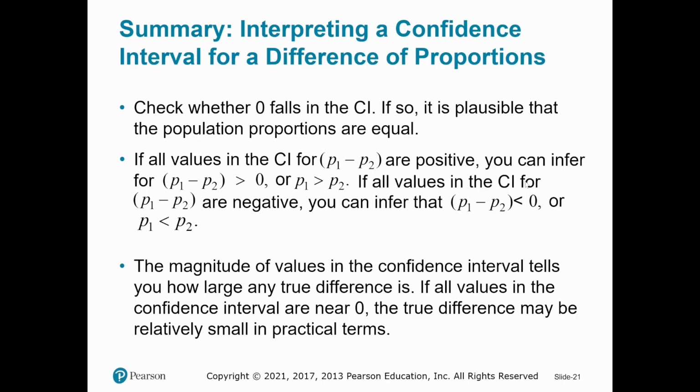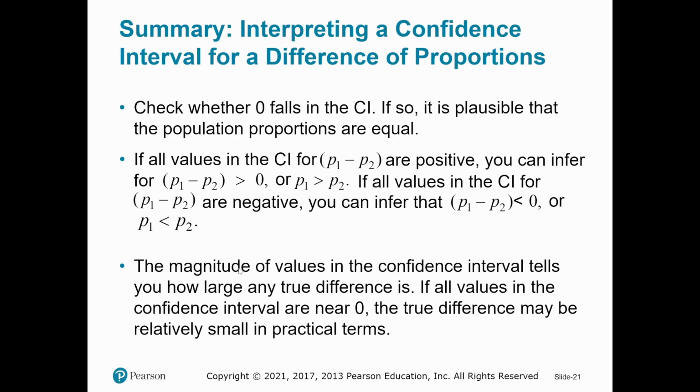If all the values in the confidence interval, or both bounds, are negative, you can infer that the population difference with the first proportion minus the second proportion is, in fact, negative, or P1 is less than P2, because if the first proportion is less than the second population proportion, then this difference will be negative, less than 0.